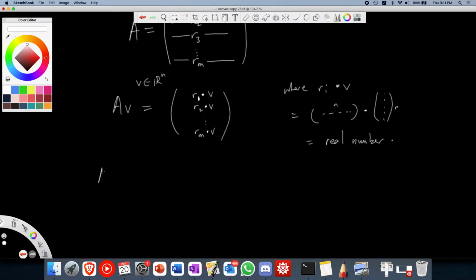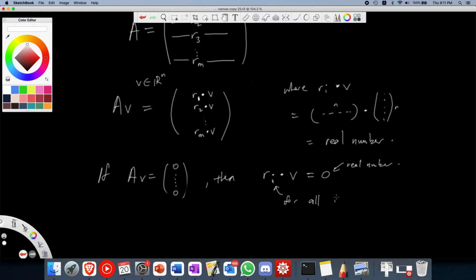So what we see is that if Av is the zero vector, then all the rows when dotted with v equal 0. Each of these is a real number, and this is for all indices i from 1 all the way to m.